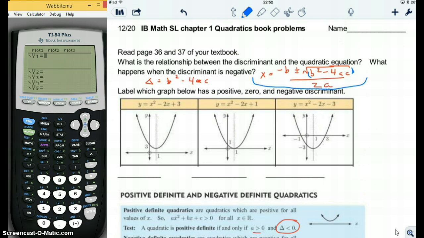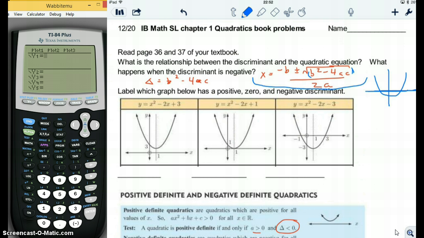What does this look like for a graph? Well, whenever you have a solution for x, that means you have an x which makes y equal to 0. And that happens in a parabola when you touch the x-axis.